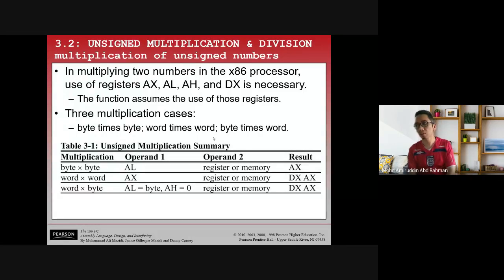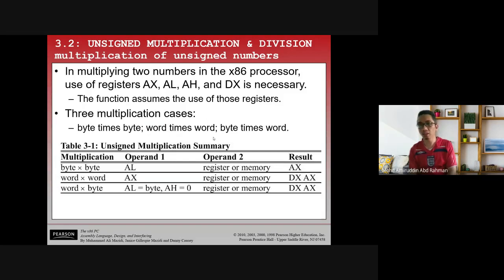The result will be in AX. For word times word, we have AX as operand 1 and operand 2 either register or memory. The result is in DX and AX.